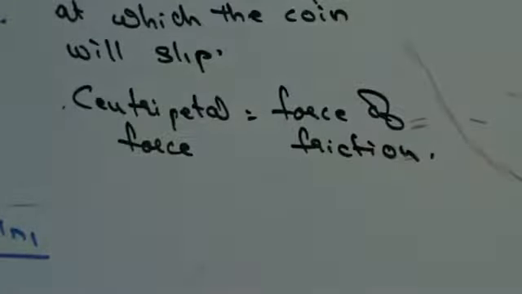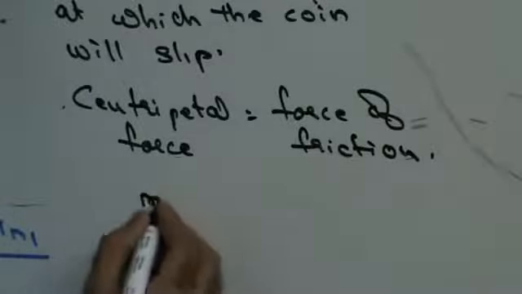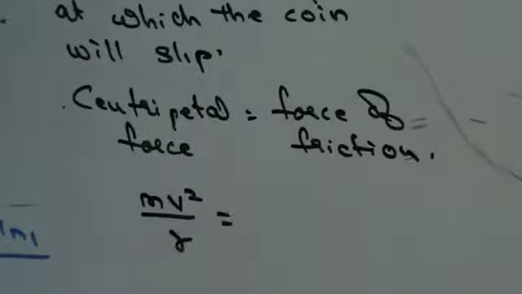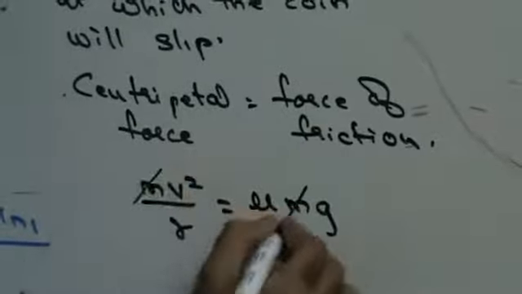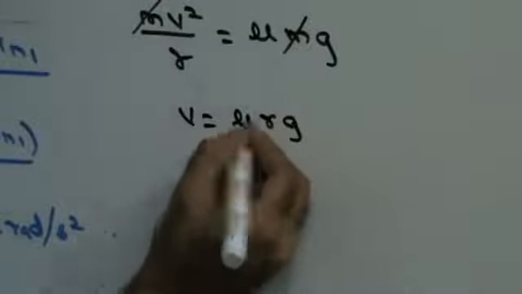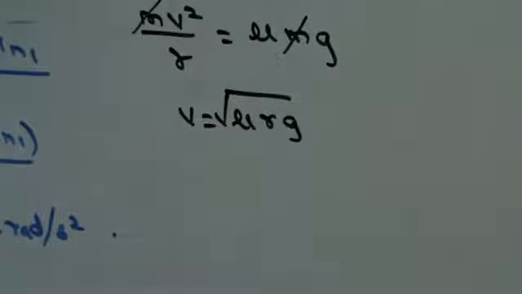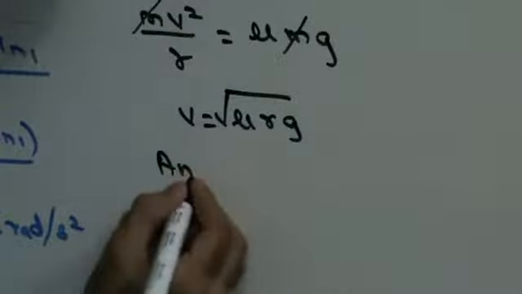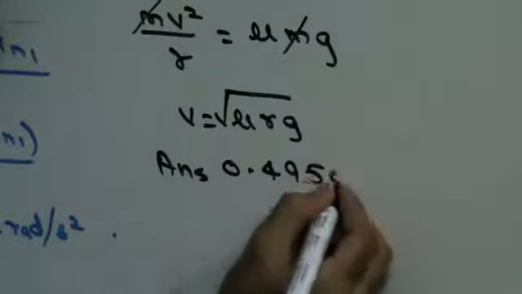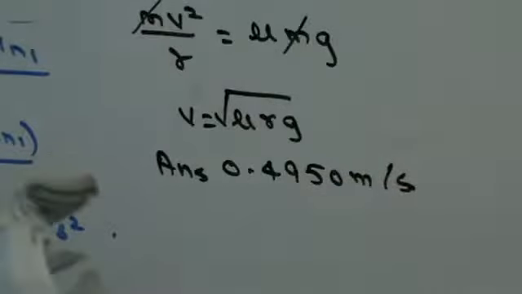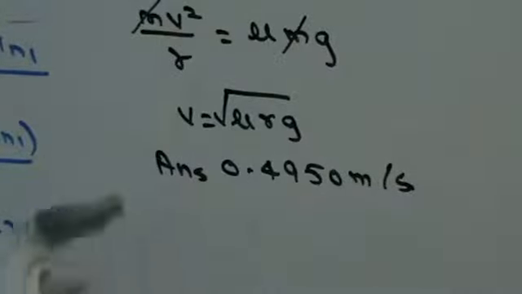For the coin to just remain there without slipping, the centripetal force should be equal to the force of friction. Centripetal force is nothing but m v square by r. Force of friction is mu m g. m gets cancelled, so you will get v is equal to under root mu r g. Substitute the values and get the answer. The answer for this should be 0.4950 meters per second.